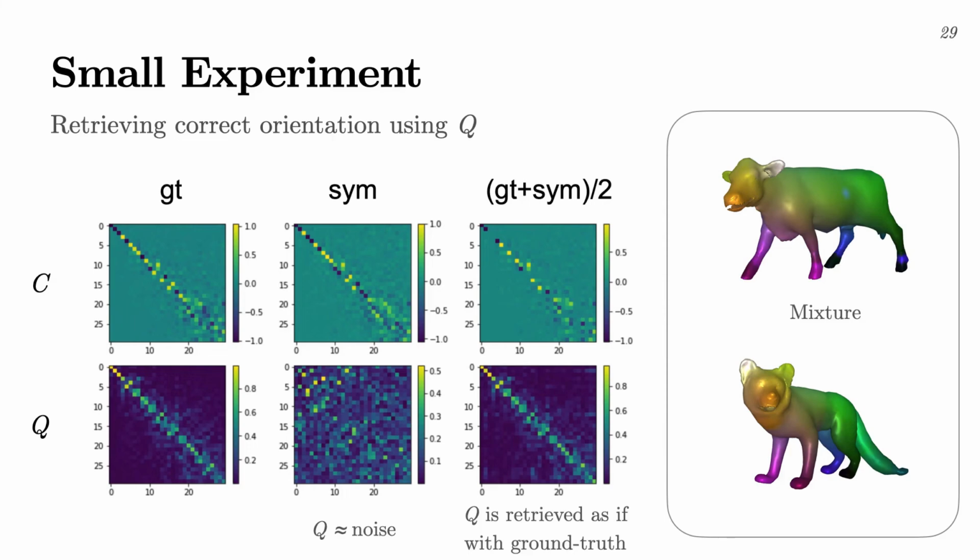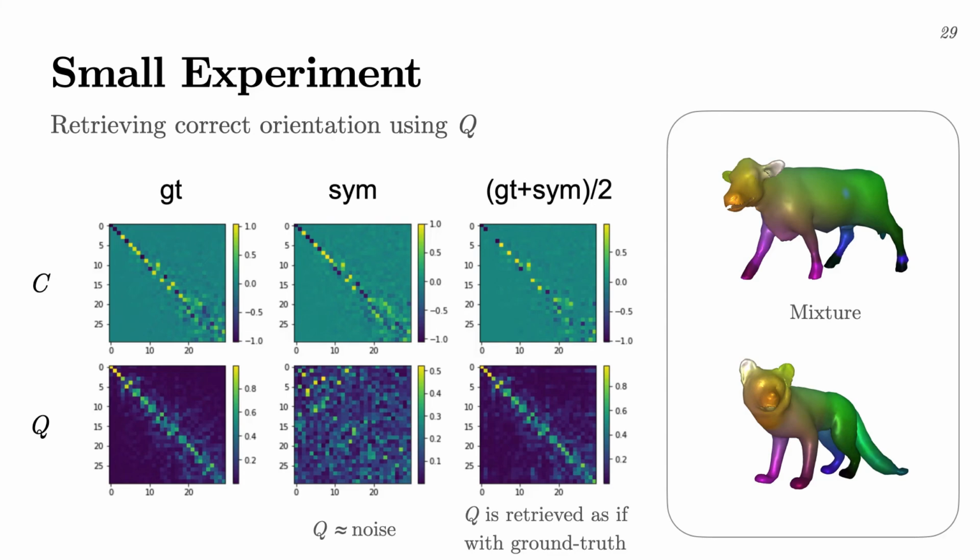Even more interesting, let's say that we have a mixture of both ground truth and symmetry as input functional map. This is the third column. This third functional map is what we call symmetry blind. As you can see, the recovered pointwise map on the right mixes, well, left and right side of the shapes.